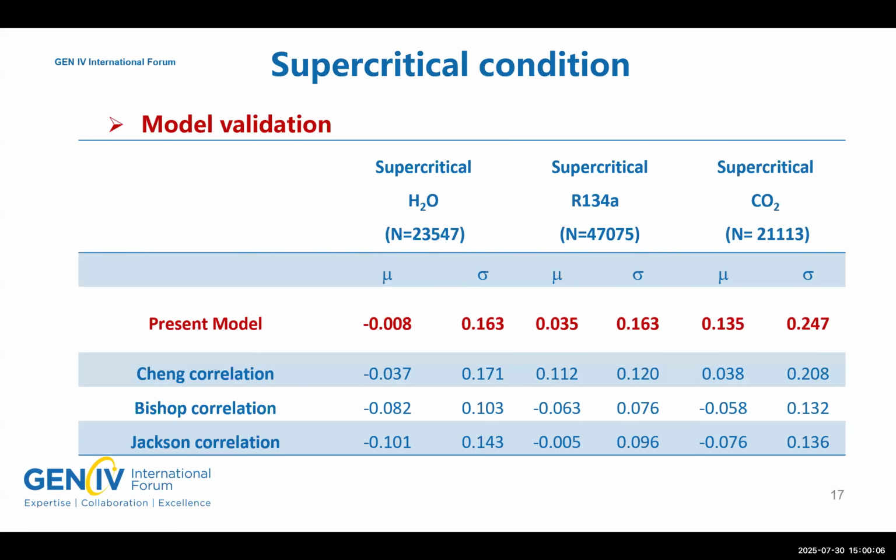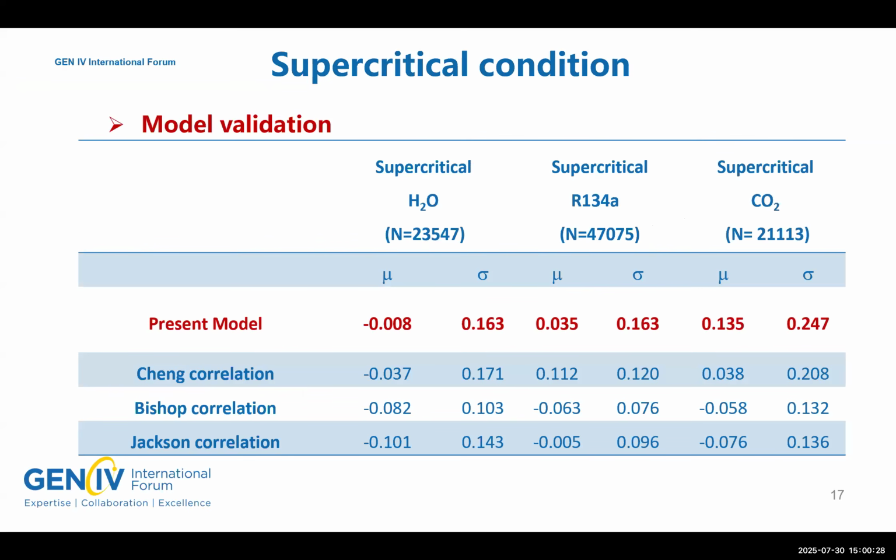As mentioned before, our heat transfer coefficient data bank contains more than 80,000 test points. So in order to assess the model's prediction ability, the entire data bank is applied, as listed in this table.